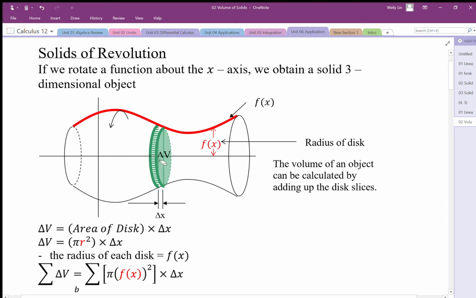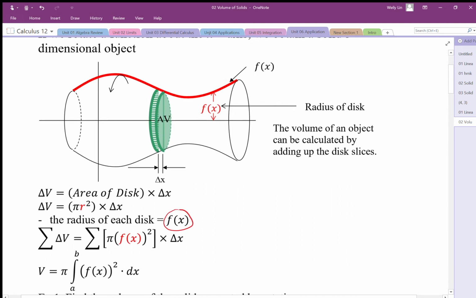This is going to be calculated by pi r squared times the thickness. The radius of that disc is going to be this f of x. The height of the graph is the radius of the disc. So f of x represents the radius for which we can calculate the area of that circle. Then I want to sum up all those volume slices.